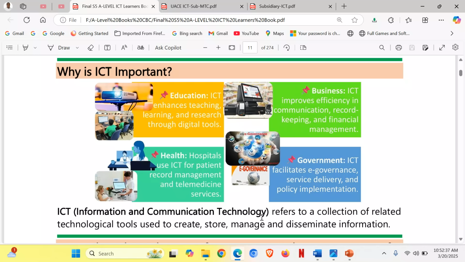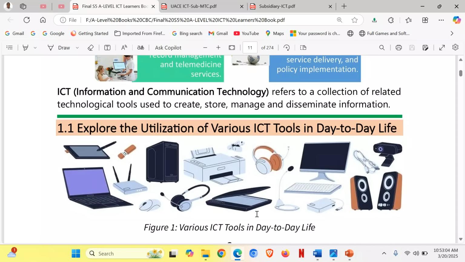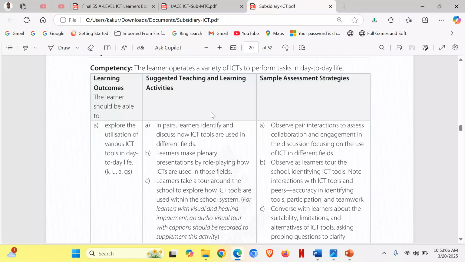So what is ICT? Information and communication technology refers to a collection of related technological tools used to create, store, manage, and disseminate information. So you can have as many terminologies related to ICTs, provided they are in line with that kind of definition. So from there, we have this area.